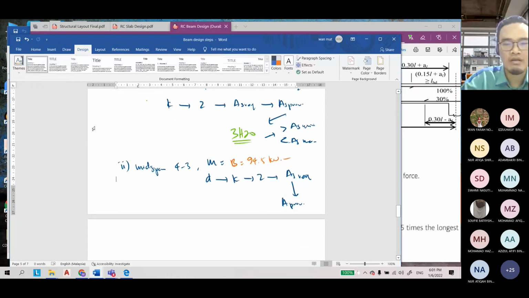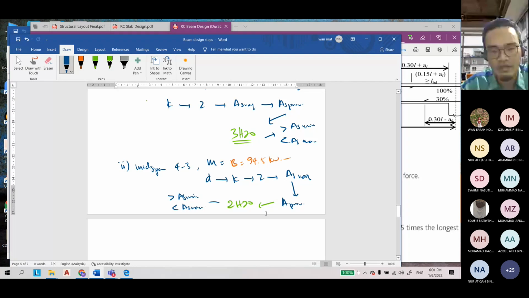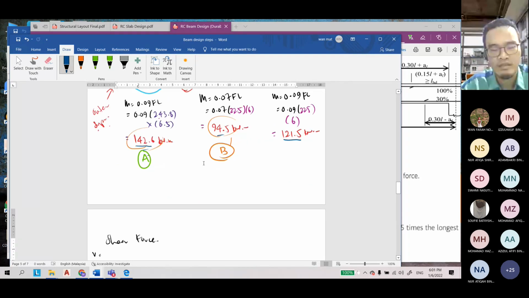Let's say your result is here you got 2H20. Let's say example. So you just make sure it's larger than AS minimum and lesser than AS maximum. Okay, so 2H20 is your result here at the mid-span for this bending moment.